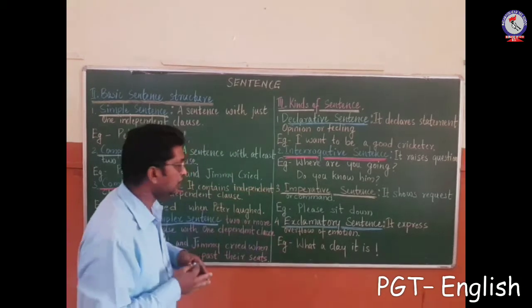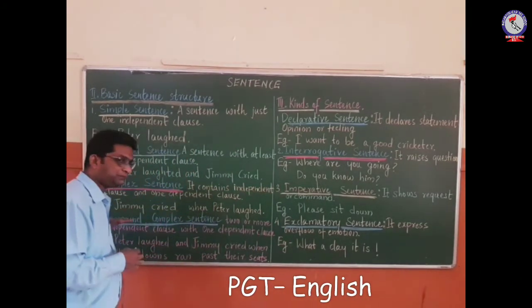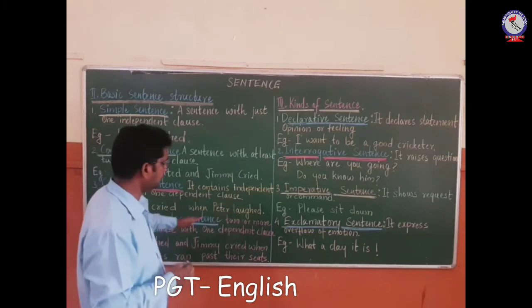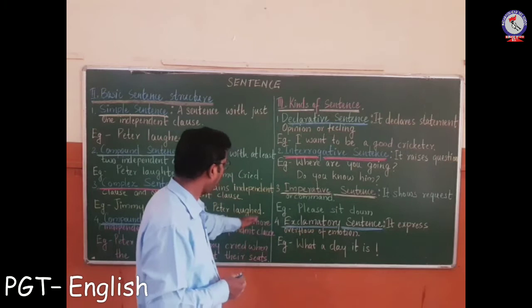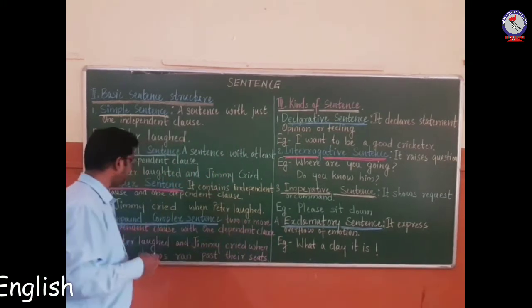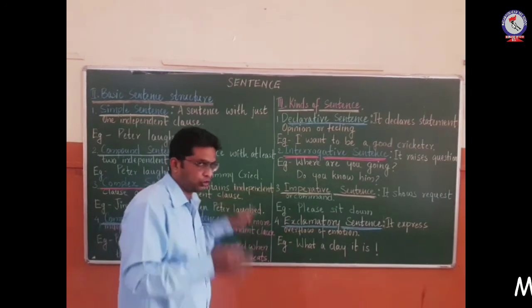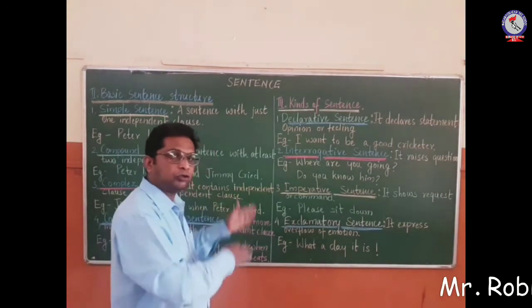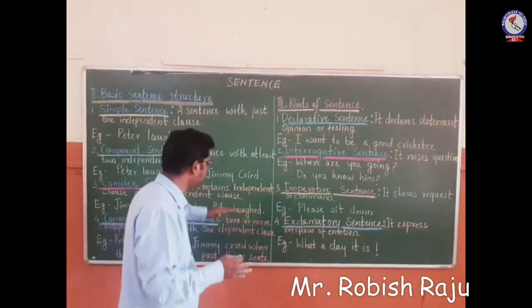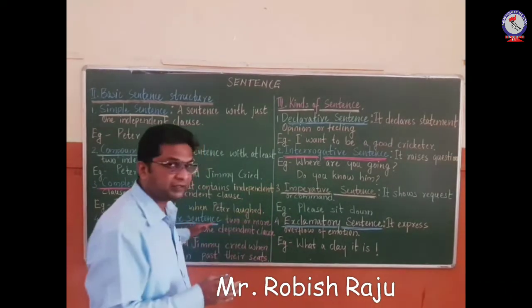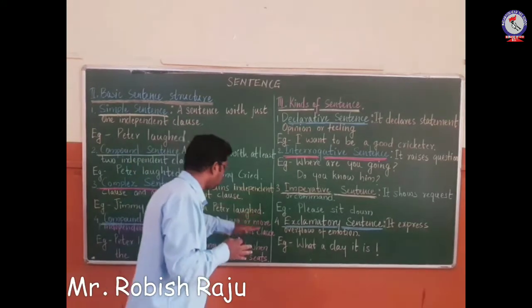Let's see the fourth type of sentence structure. Compound complex sentence. It contains two or more independent clauses with one dependent clause. In a compound complex sentence structure, there will be two or more independent clauses along with one dependent clause.